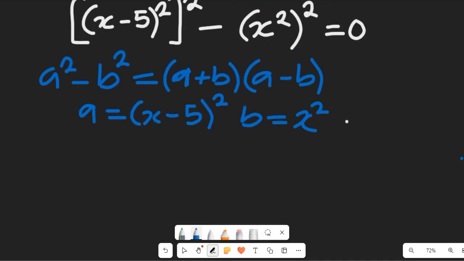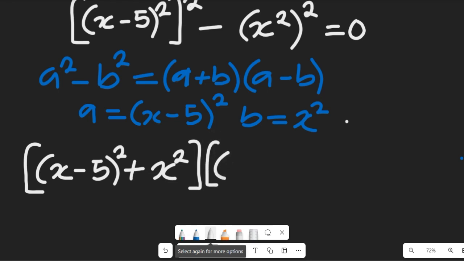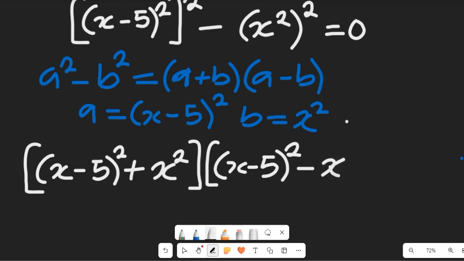Now let's expand that expression since it's an algebraic formula. If we expand that expression, we're going to have the total bracket of (x minus 5) squared representing a, plus x squared representing b, multiplying (x minus 5) squared representing a, minus x squared representing b, and all these will be equal to 0.